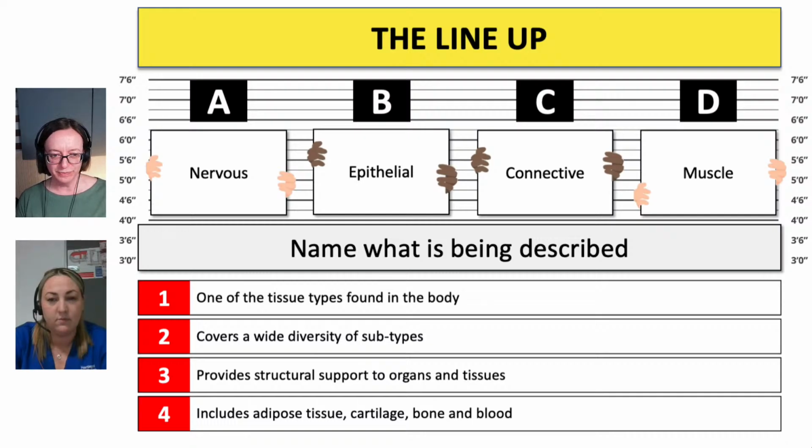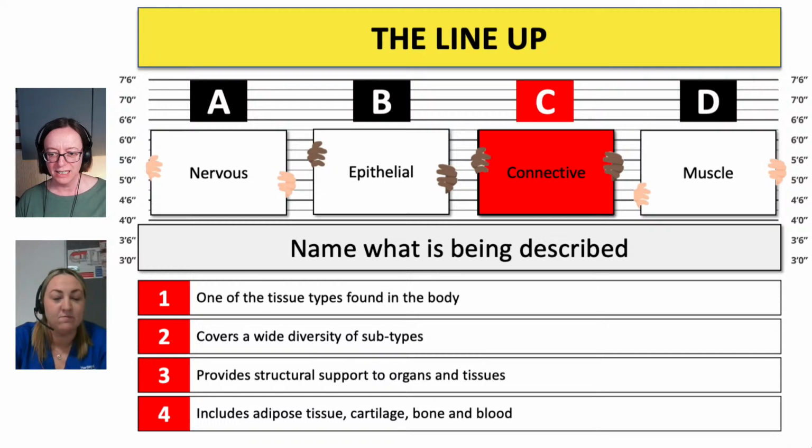C or D? Charlotte, what are you going for? I'm going with C. Okay, so you're going with C, connective. Anissa says muscle tissue, but she's not sure. Okay, let's have a look. Yep, it is connective tissue. So adipose, cartilage, bone and blood are all types of connective tissue.